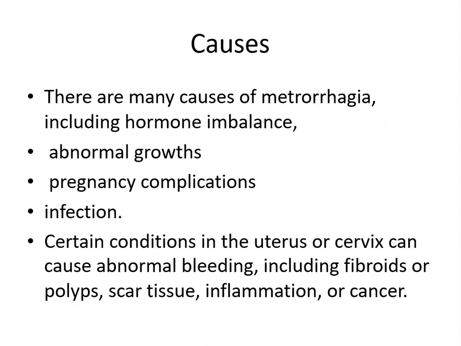Those conditions are fibroids, polyps, scar tissues, inflammation, or cancers. They can also cause metrorrhagia. I'm repeating the causes: hormonal imbalance, abnormal growth, pregnancy complications, infection, and conditions such as fibroid, polyp, scar tissues, inflammation, or cancer.